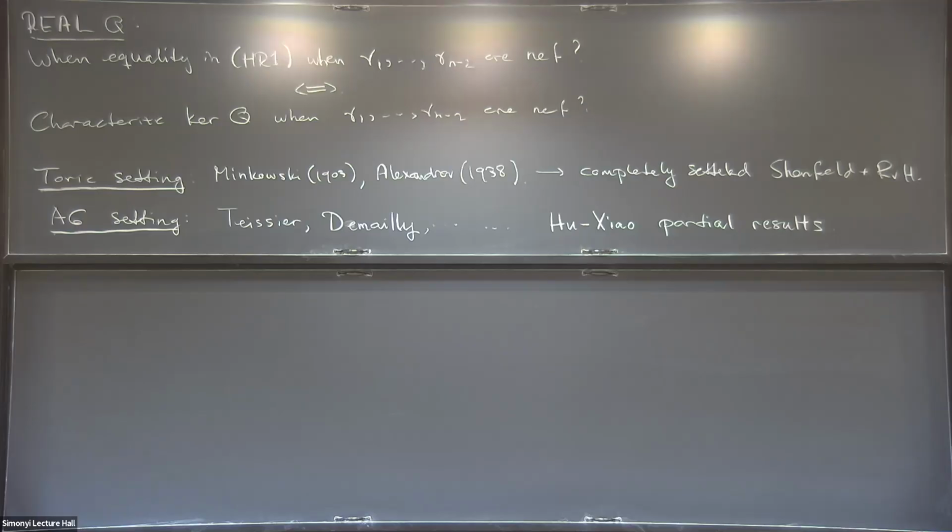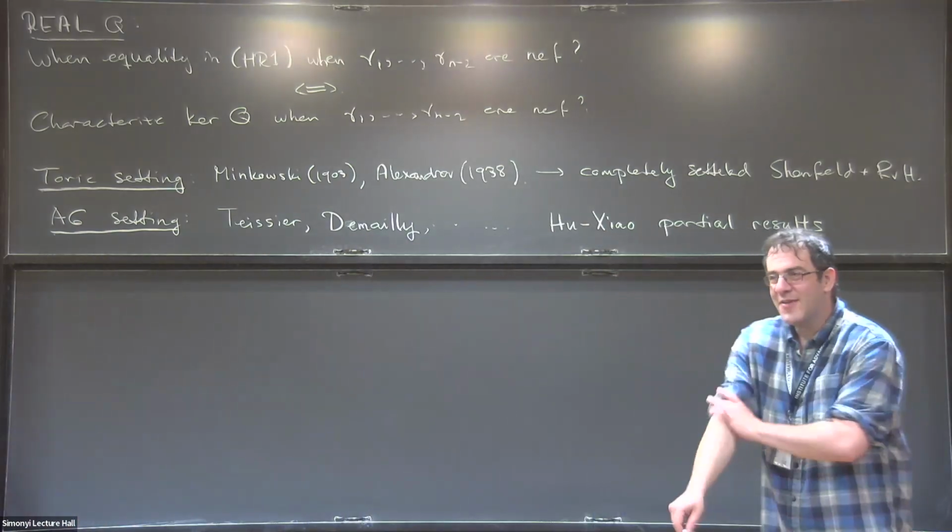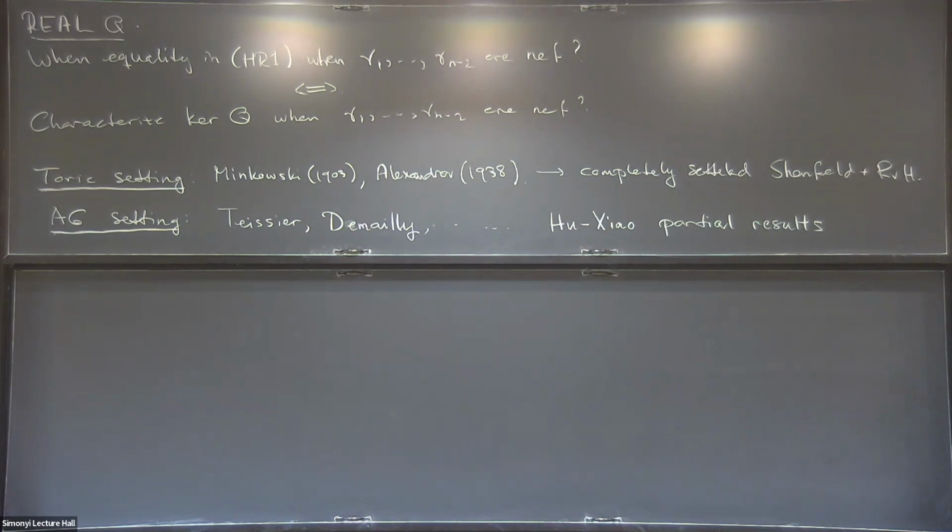Okay. So the reason why we cannot prove Hu and Xiao's conjecture is we are not good enough at linear algebra, or we are not good enough at algebraic geometry. You're not good enough at algebraic geometry. So one of my aims is to at least give some hint about where the obstructions lie, but I don't know how far I'm going to get.